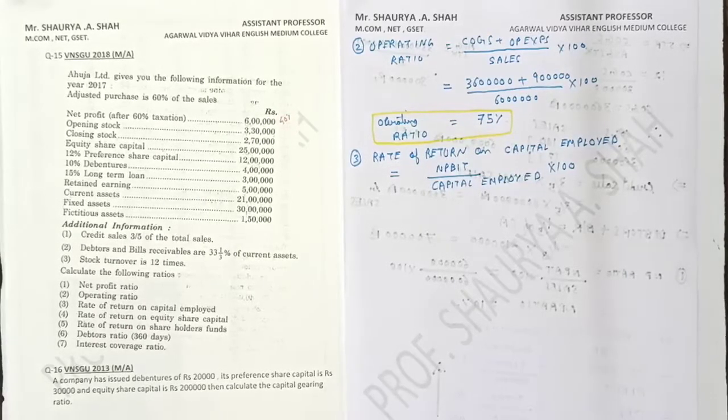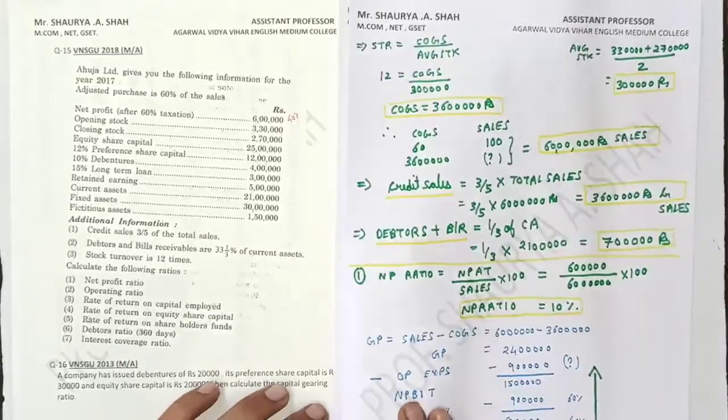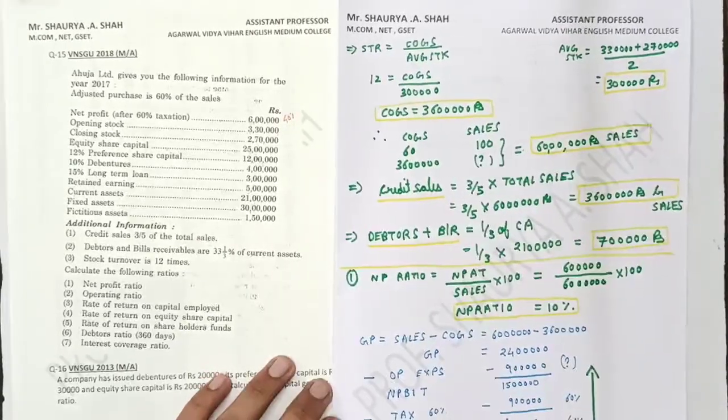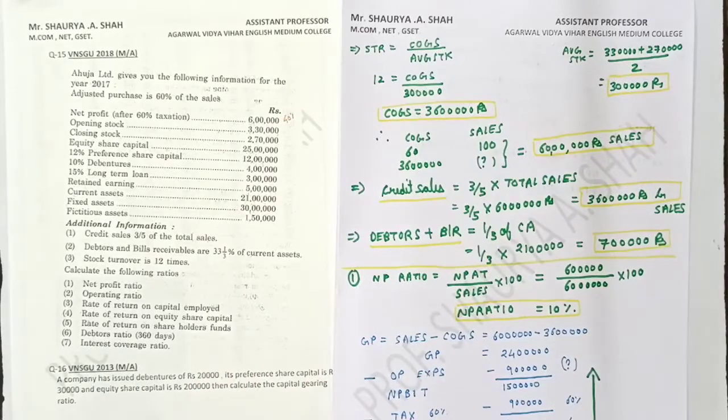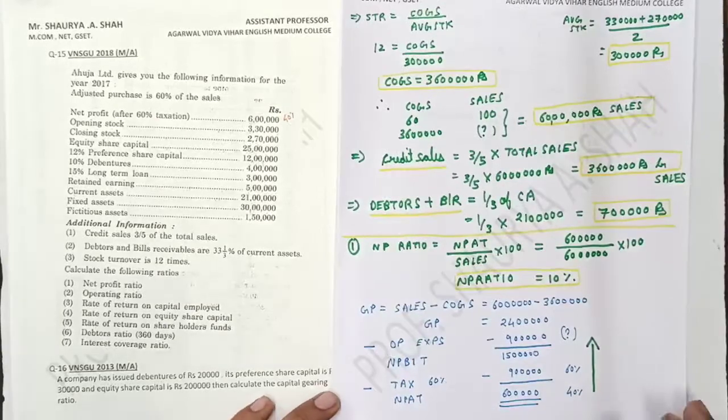So here you require net profit before interest and tax, students, right? Whatever you have calculated here, we will use that for calculating net profit before interest and tax. So here the net profit before tax was your 15 lakh, right?